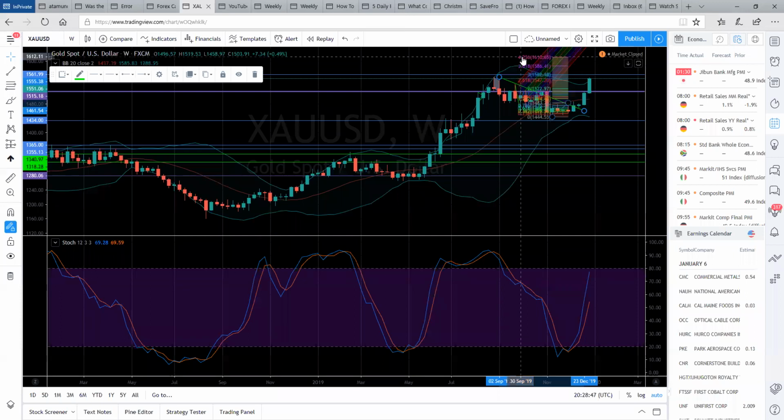For gold, we're looking at this retracement from the highs. We've seen gold's bullish run retest the highs here at 1556. It was quite close, but the highs didn't get quite there.